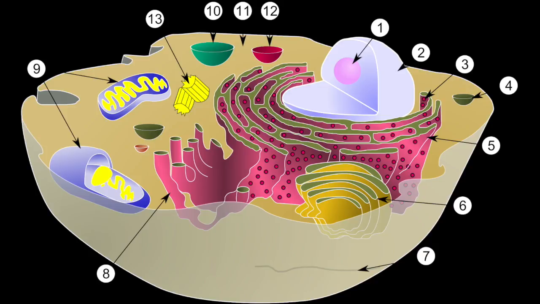The granular material you can see in the nucleus is called chromatin. Chromatin consists of DNA bound to protein. Most of the time, chromatin is spread throughout the nucleus. When a cell divides, however, chromatin condenses to form chromosomes.